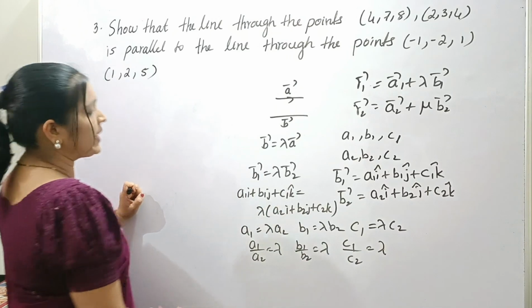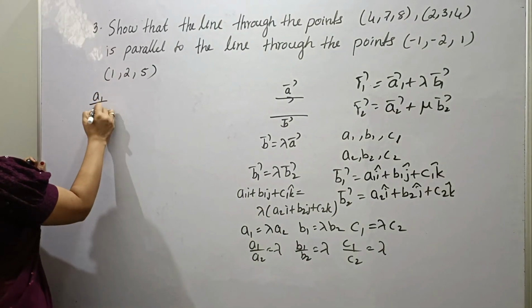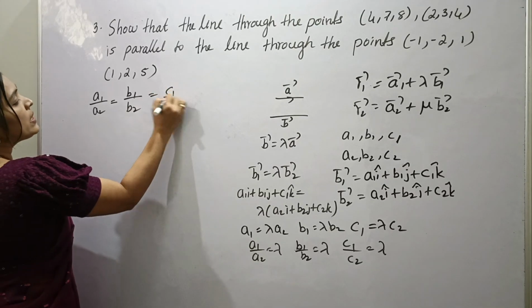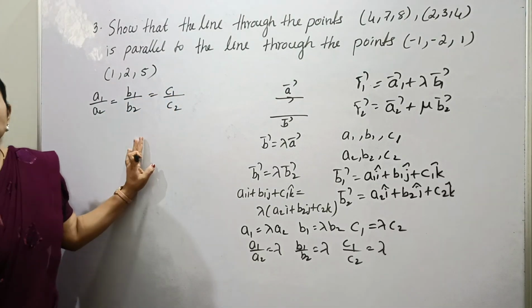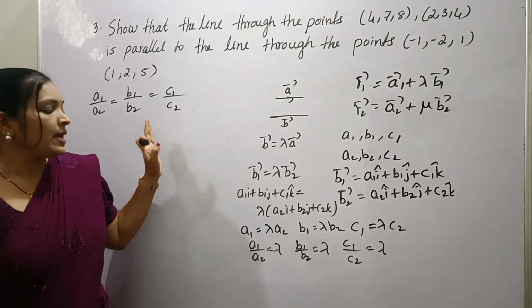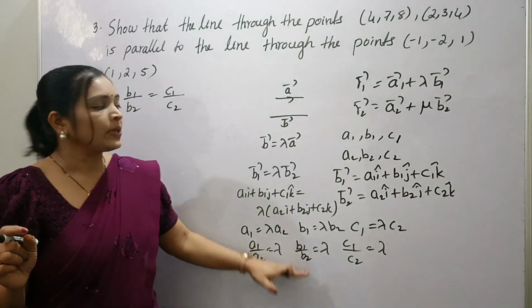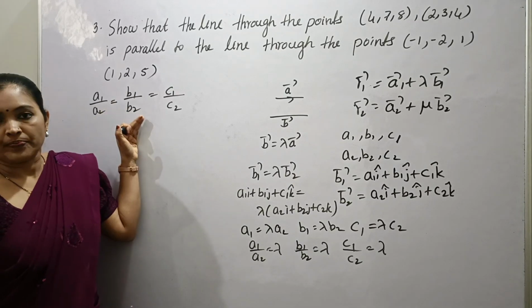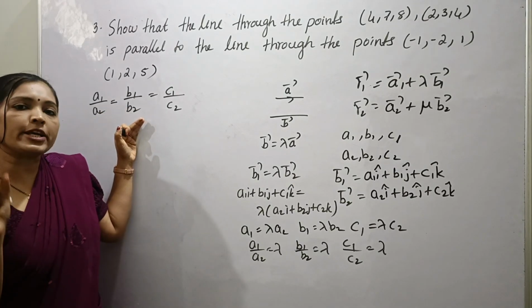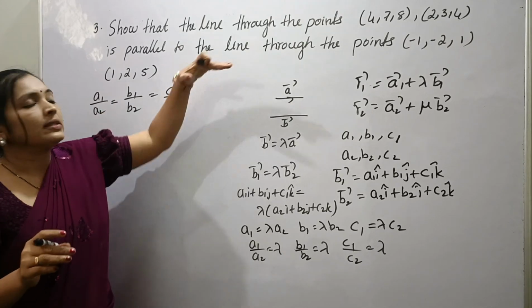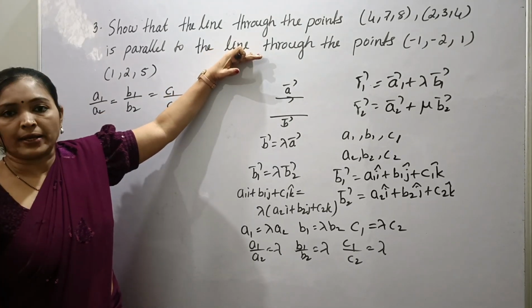Therefore, this can be written as a1 by a2 is equal to b1 by b2 is equal to c1 by c2. So, for parallel vectors or parallel lines, we have to show the direction ratios are proportional. If direction ratios of two lines are proportional, then we say the given two lines are parallel.